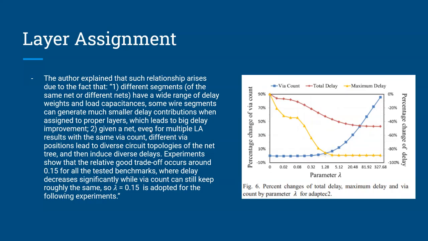And you can read the reason why they think that is here. They say that if lambda is around 0.15, as we can see it's around here, then it would be best because the delay hasn't gone up. I think this is sort of exponentially. It's right before it goes up exponentially.